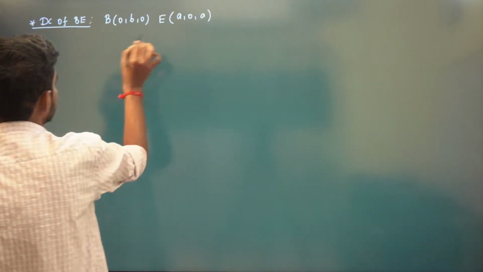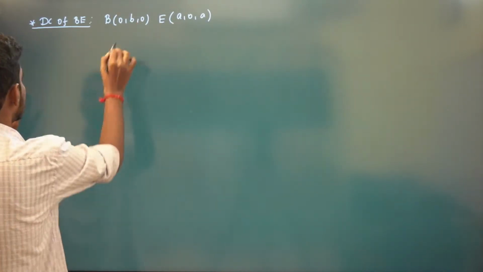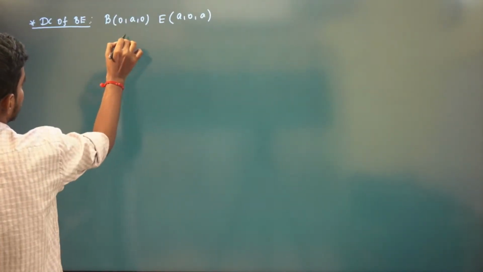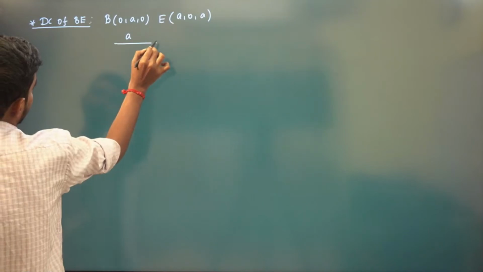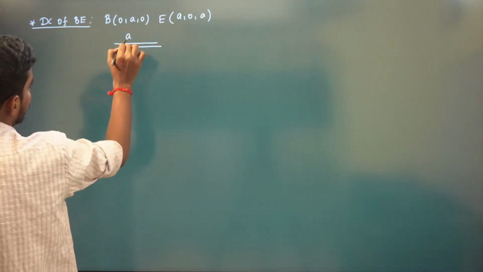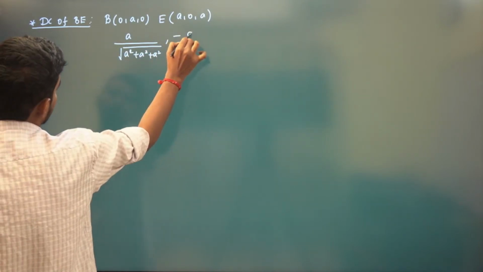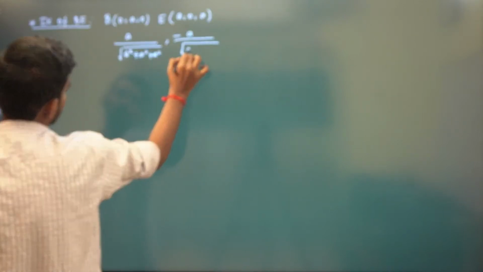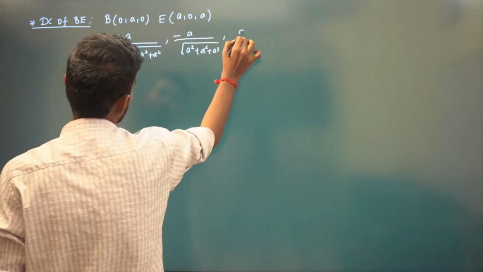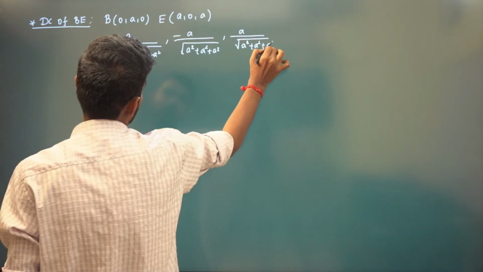So what is the direction cosine? a divided by root of (x2 minus x1) whole square, (y2 minus y1) whole square, (z2 minus z1) whole square, that is a square plus a square plus a square, minus a divided by root of a square plus a square plus a square, and a divided by root of a square plus a square plus a square.